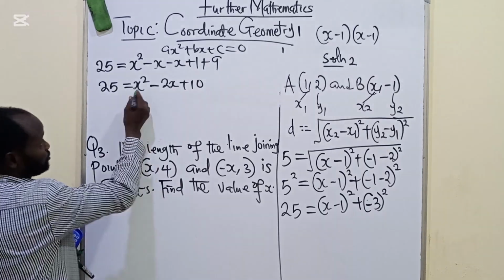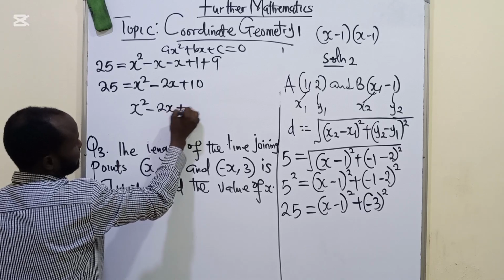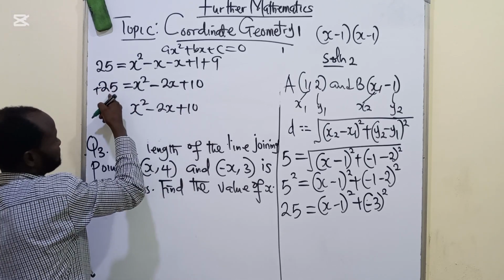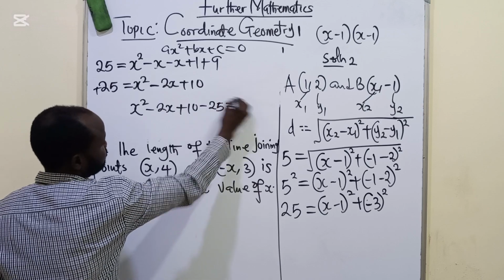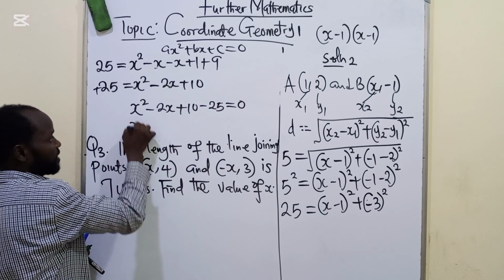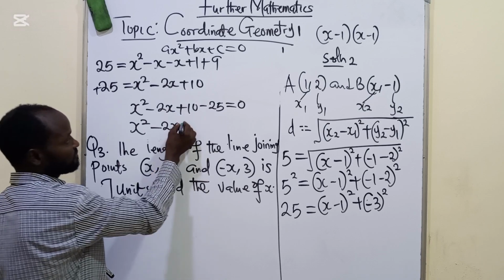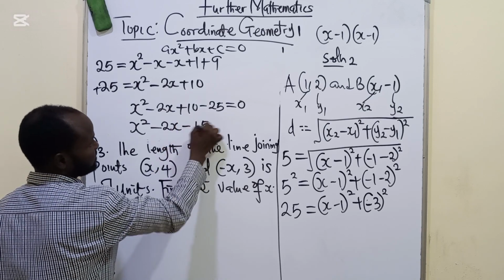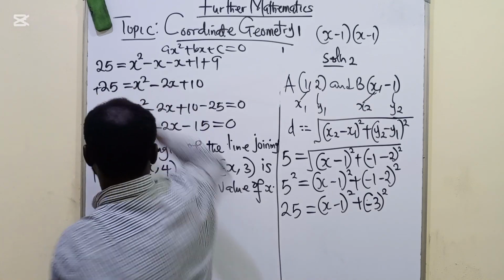This will be x squared minus 2x plus 10. The 25 is positive; we take it to the other side, it will be minus 25, equals 0. So we have x squared minus 2x plus 10 minus 25, which is minus 15, equals 0. So this is a quadratic equation.